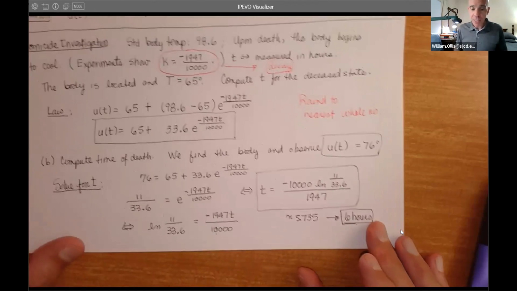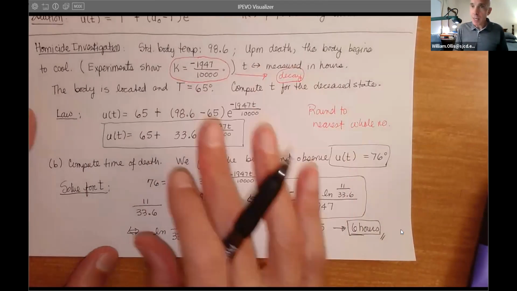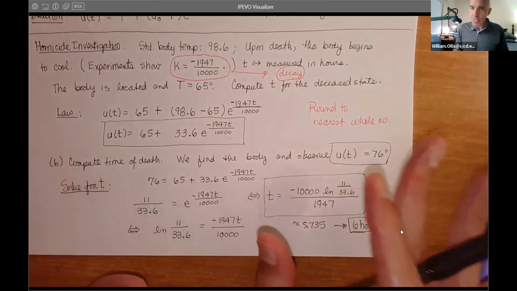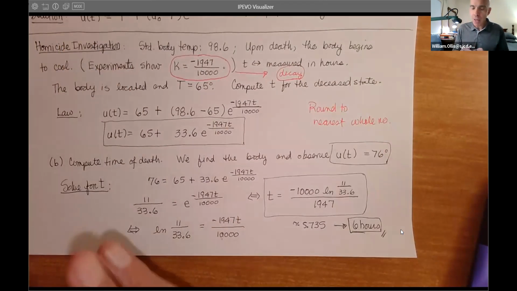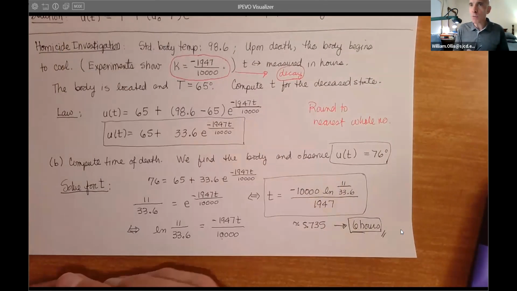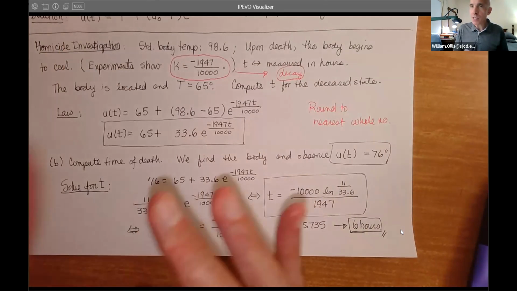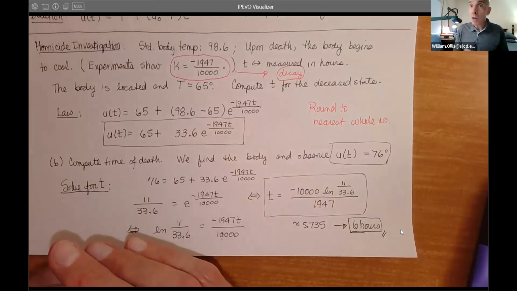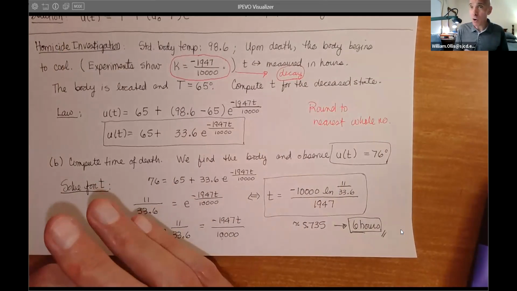So again, we can use the Newton law of cooling to actually determine the time for the deceased state. And this actually is very useful. But again, remember, when you're doing this kind of problem, you need the value of K that has been experimentally determined. So that is one kink in the process, kind of like when we did the radioactive decay. We need the experimentation that says, what is the half-life of carbon-14?